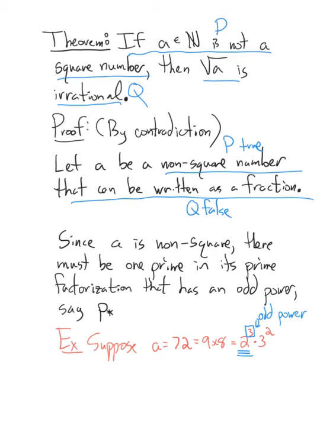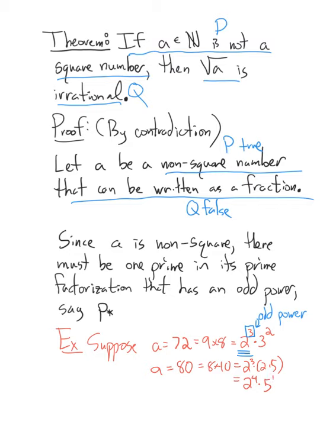Let's do one more example. What if A was 80? 80 is 8 times 10, which is 2 cubed times 2 times 5, which is 2 to the 4 times 5 to the 1.